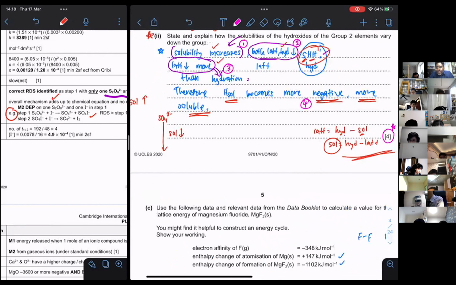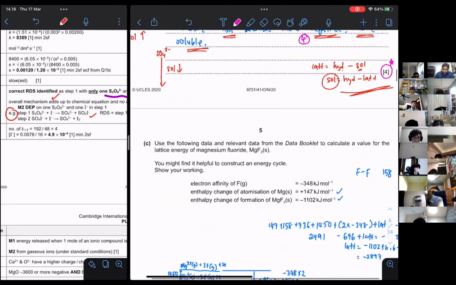So when the radius of the cation is increasing, both of them will decrease. But for sulfate, the hydration will decrease more compared to lattice. So the only thing different is the hydration will decrease faster. Yes, correct. So you just play around with these two.